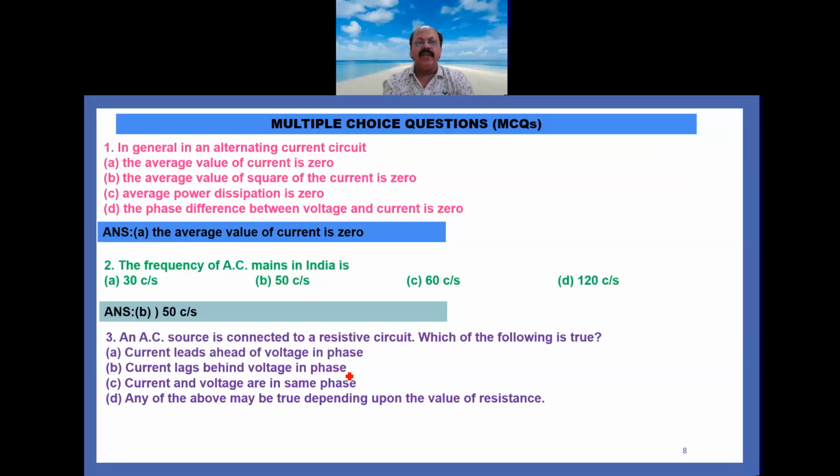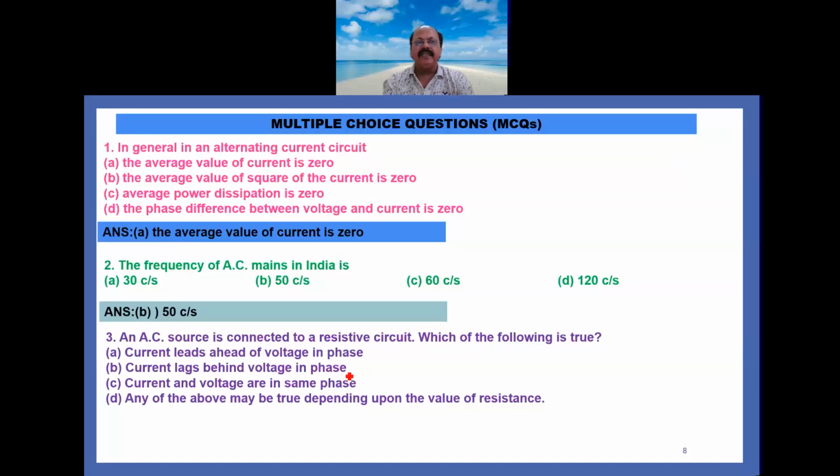Now question number 3. An AC source is connected to a resistive circuit. Which of the following is true? Resistive circuit means a circuit that consists only of resistance. So in that case, options are here.